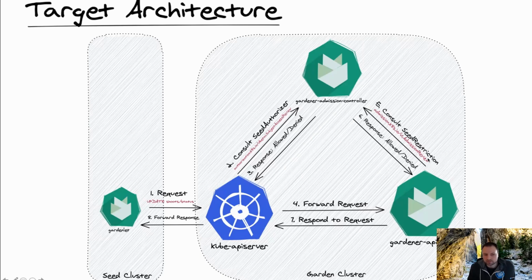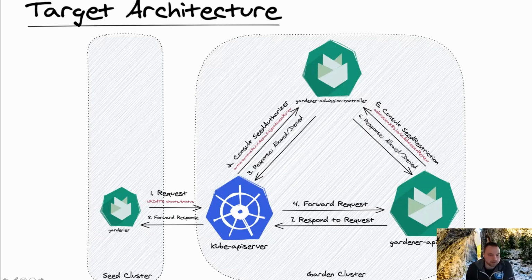The admission handler is called seed restriction and the authorization handler is called seed authorizer. And then this separate handler, also part of the admission controller, can check if this gardenlet is allowed to modify this particular shoot status, because only if it is related to its own seed.